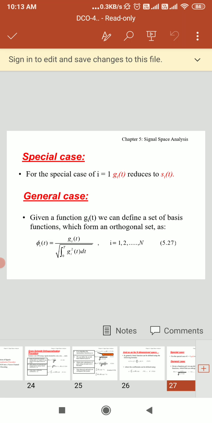For the general case, the intermediate functions gi of t can be defined as the set of basis functions, which will form an orthogonal set.